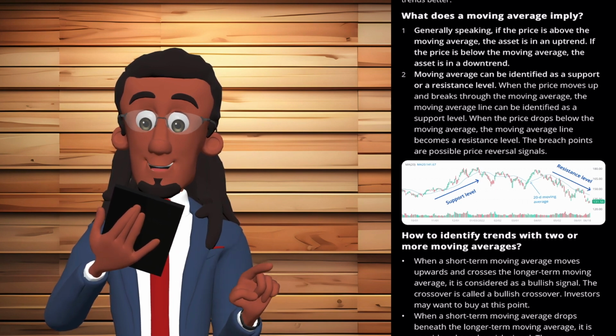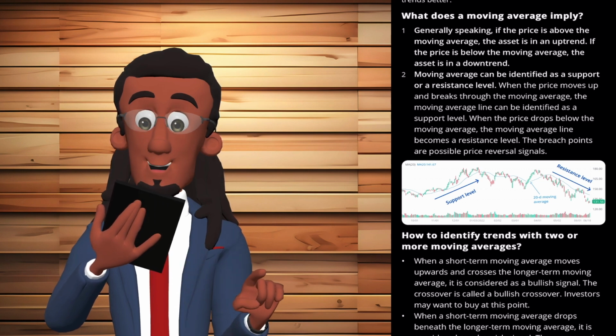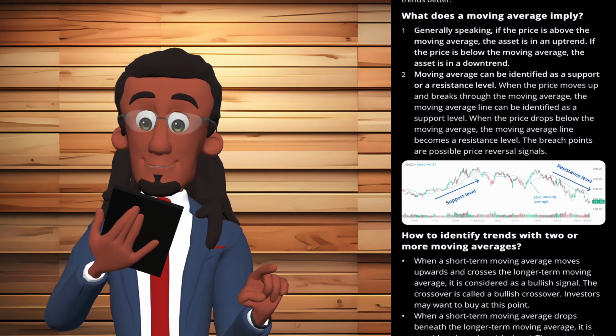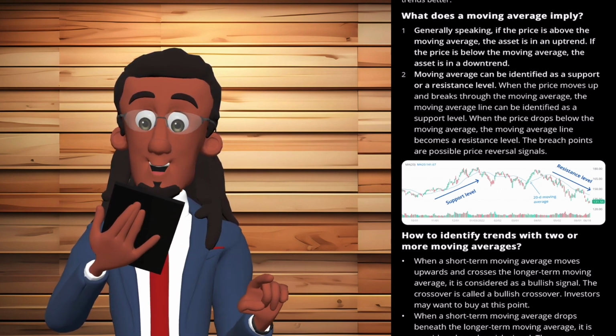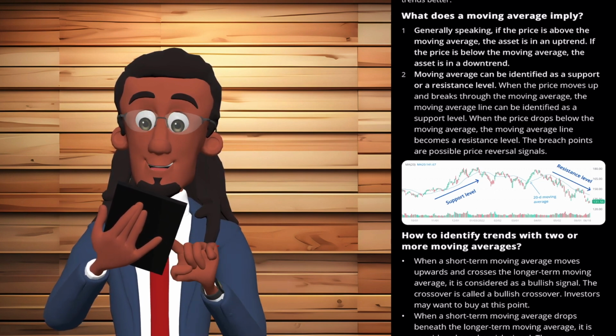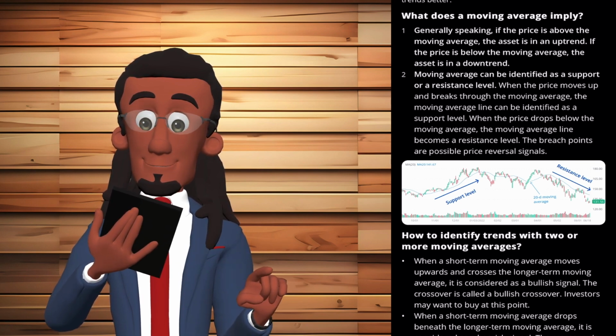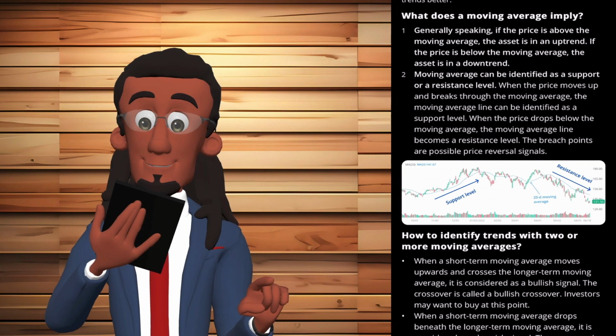When the price drops below, the moving average line becomes a resistance level. Just what I said. The breach points are possible price reversal signals. So we're playing support and resistance, and we're looking to ride the whole way up. That first 5 minutes of the day, we're kind of scalping. We're going to take advantage of any quick, violent moves in any direction, whether we're at resistance, support, or in the middle.